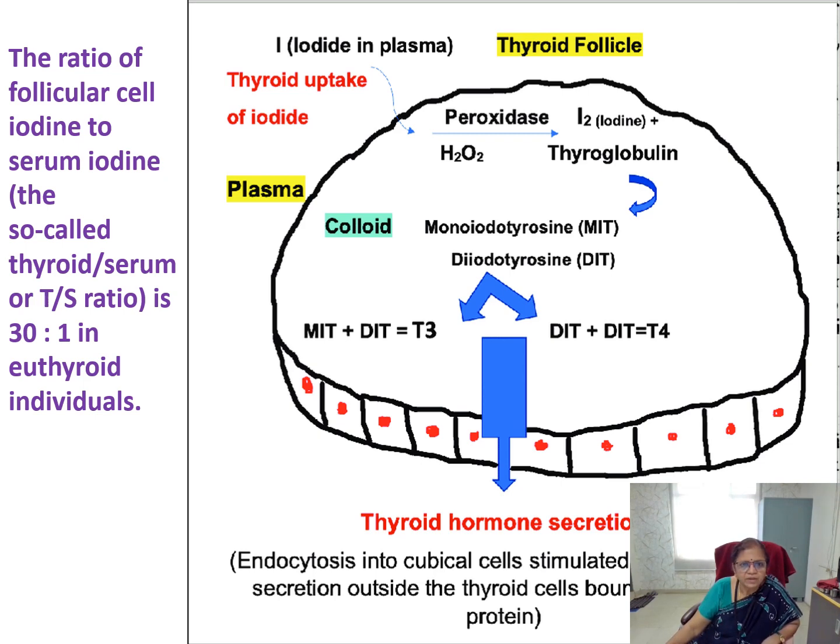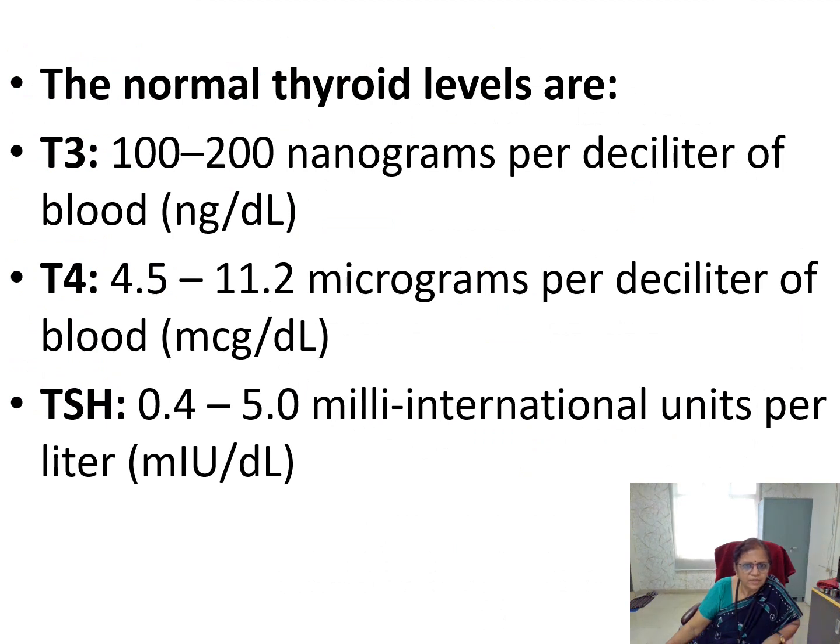So what are the normal thyroid levels in our blood? In adults, T3 levels are 100 to 200 nanograms per deciliter of blood, T4 is 4.5 to 11.2 micrograms per deciliter, and TSH is 0.4 to 5 milli international units per deciliter.